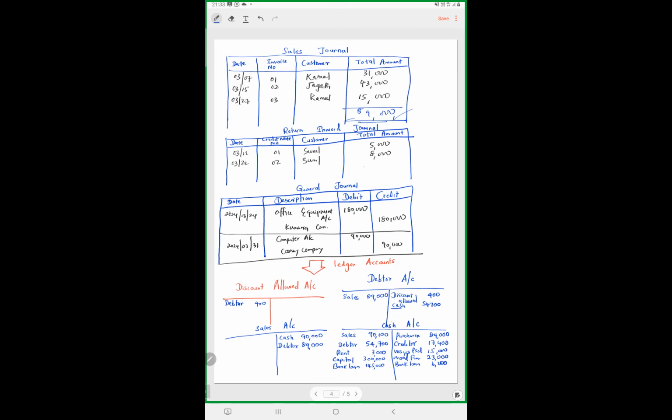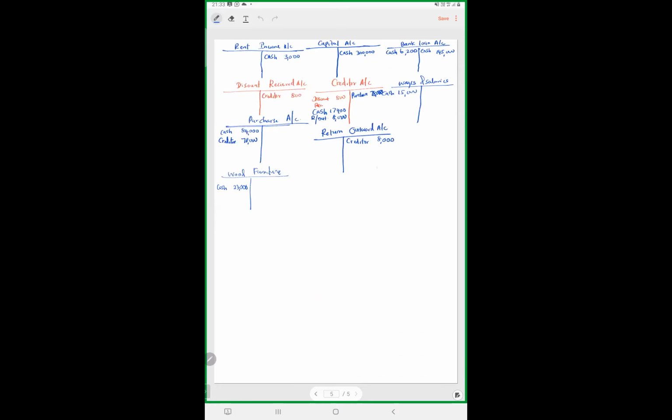And next, return inwards journal 13,000. Return inward journals we record when the goods are returned by the customers to us. So therefore, we need to have the return inwards account. As return inwards, we have 13,000.